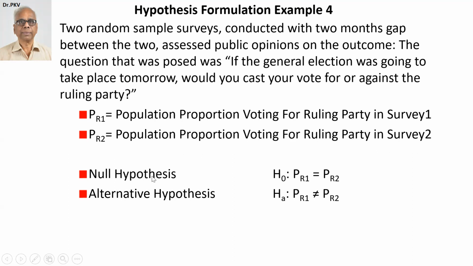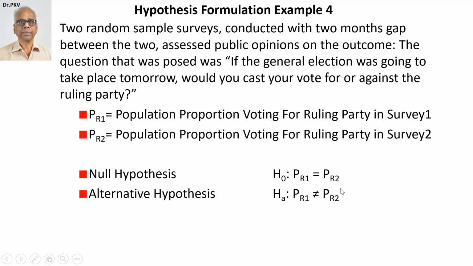Now the null hypothesis H naught is PR1 is equal to PR2. Status quo, no difference at all between the behavior in the first survey and the second survey. Alternative hypothesis, no, they are not same. So PR1 not equal to PR2.